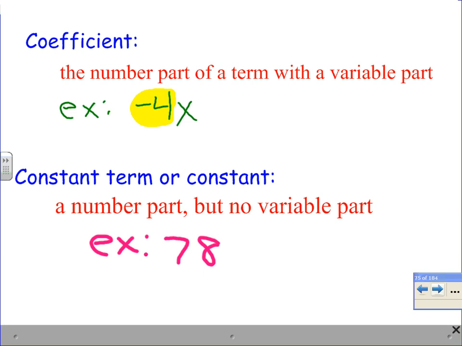Annalise? So it means just like a regular number. Yep. Like in the term, there's no other. Yep. Mary? You probably did. Yep. Justin? Yep.